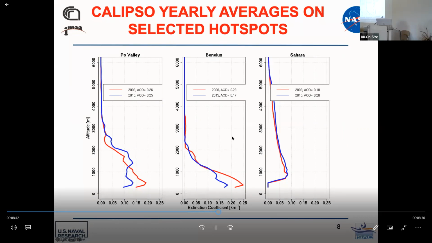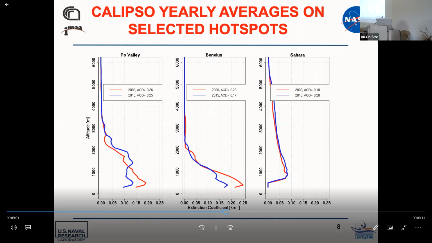So this is the extinction coefficient. It's seen in the Benelux, where in 2008 we had a much higher aerosol load. There is also a sharp decrease in 2015, and at the surface there is much less aerosol.